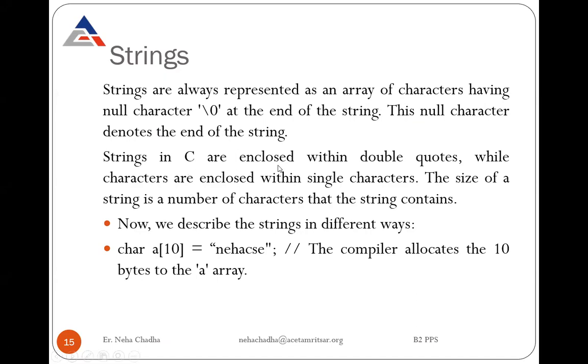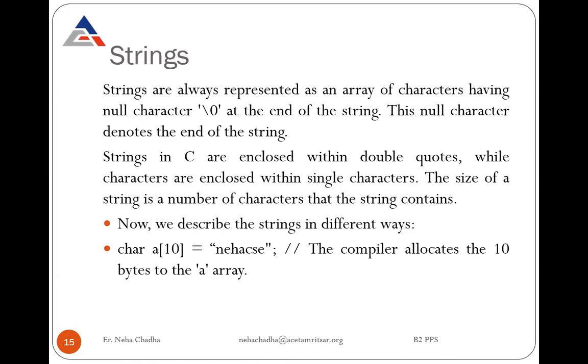Strings in C are enclosed within double quotes, while characters are enclosed in single quotes. Okay, when you write a string, you must use double quotes. The size of the string is the number of characters that the string contains. When you find the size of any data type, it is fixed, but in the case of a string, it will vary depending on which string you are taking.